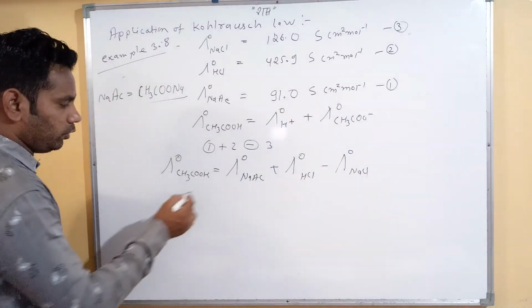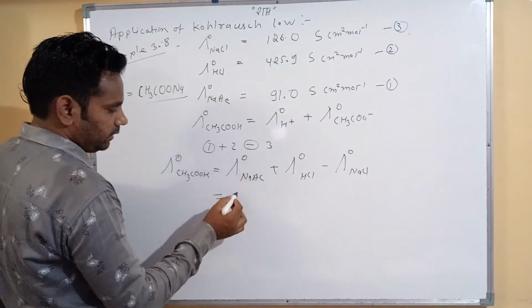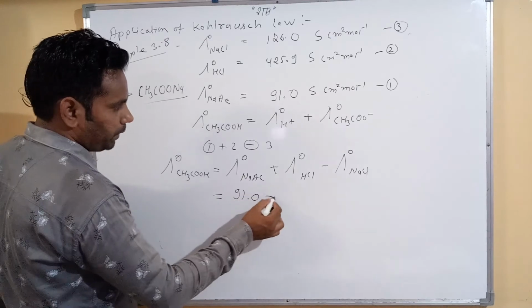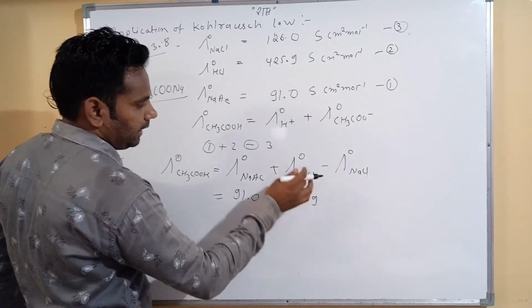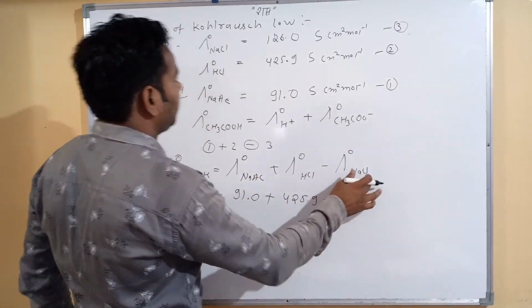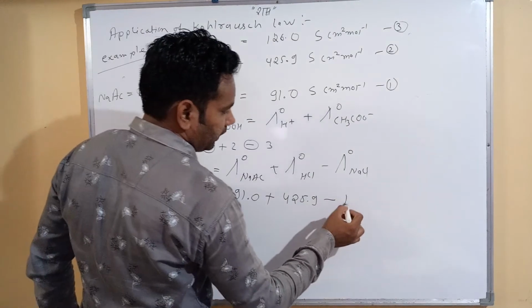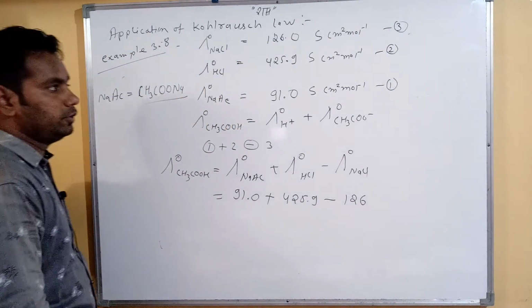Put the value of limiting molar conductivity of sodium acetate, 91.0, plus 425.9, which is the limiting molar conductivity for HCl, and minus NaCl, the limiting molar conductivity of sodium chloride, 126.0.